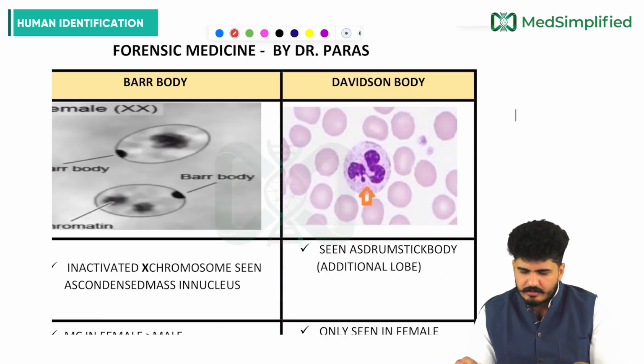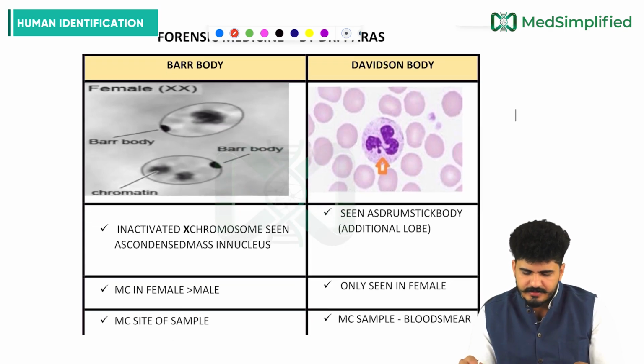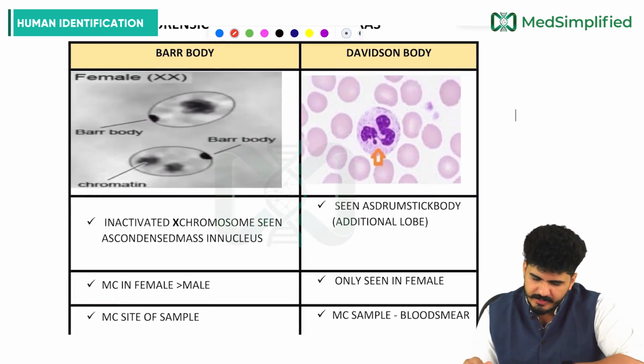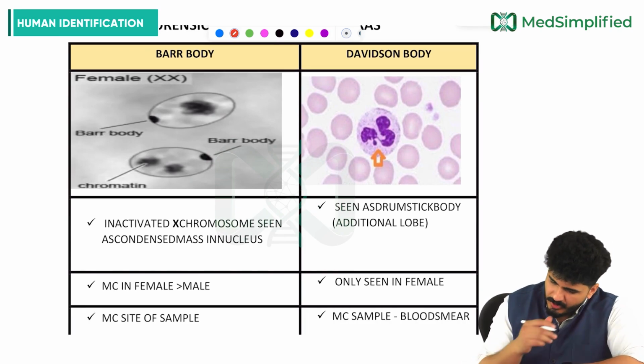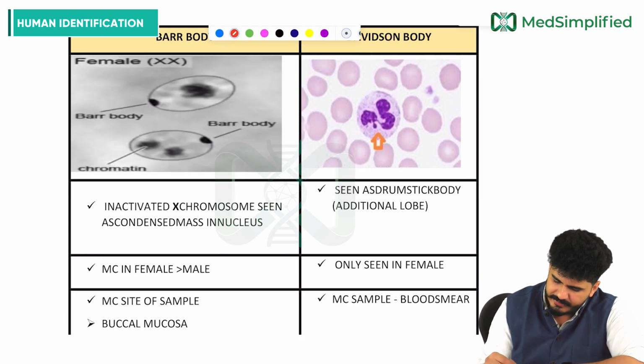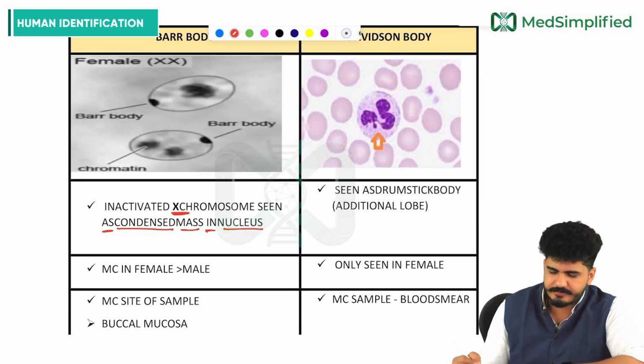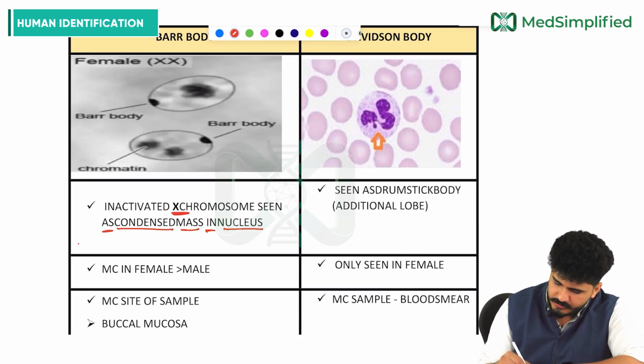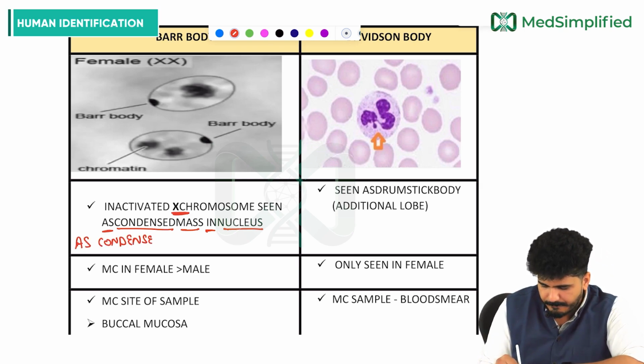Now let's see the difference. Barr body and Davidson body are seen in the female, my dear friends. In the Barr body, the inactivated X chromosome is seen as a condensed mass in the nucleus.